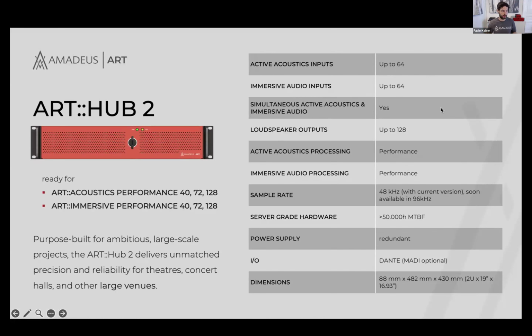Active acoustics and immersive audio in parallel on one machine, and up to 128 outputs. As mentioned already, it is ready for the performance module with all functionalities on both immersive and active acoustic sides. Sampling rate is per standard 48 kilohertz, but we are working on the 96 kilohertz version, and in some cases we can already do that. So please feel free to ask about that.